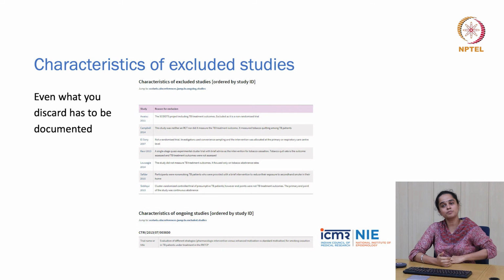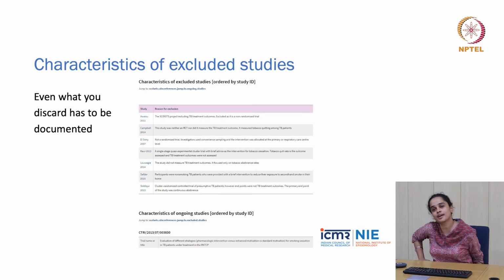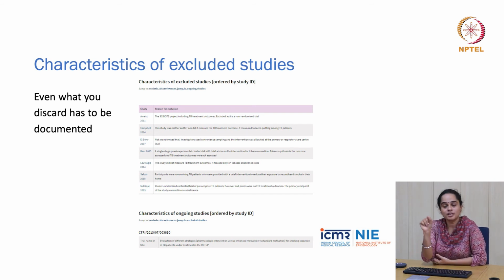Now, you have to include a table on characteristics of excluded studies in your final systematic review. That is why you need to keep track of each step. You have to make it very clear to the reader as to why a given study has been excluded. Because if you are dealing with RCTs, all RCTs have to be registered because they need to be visible to a person who is doing a systematic review.